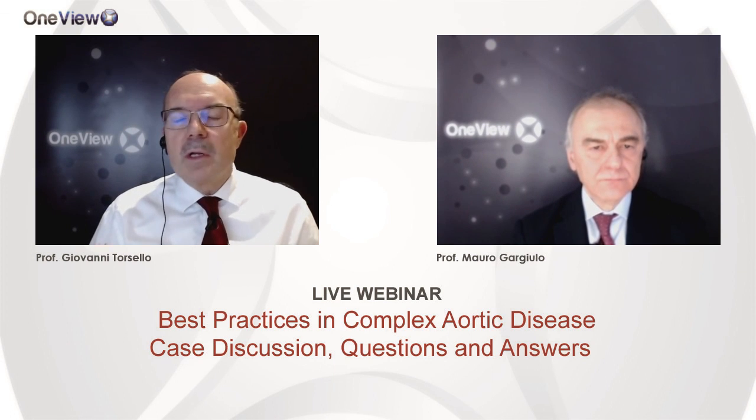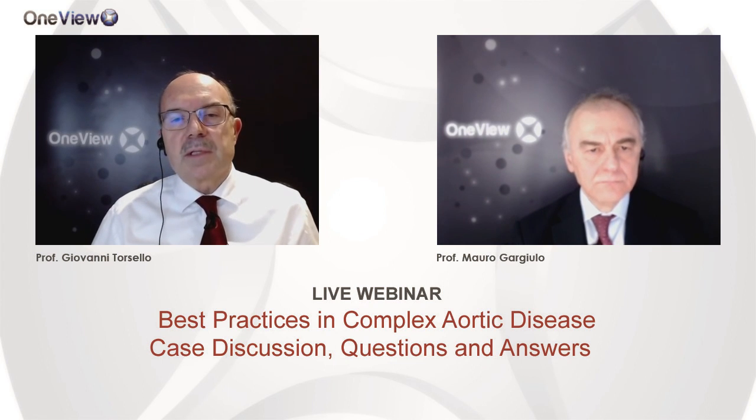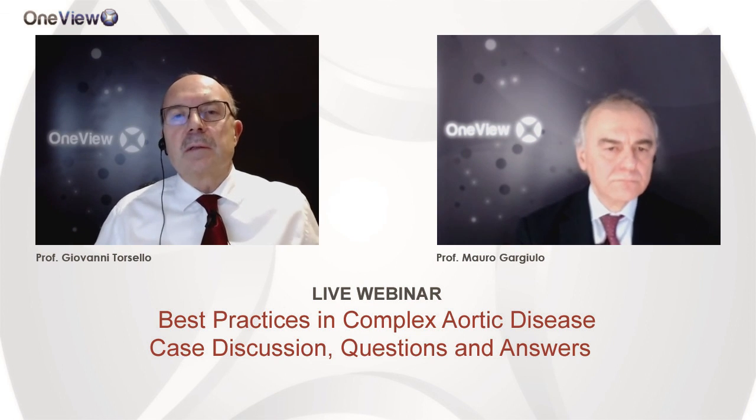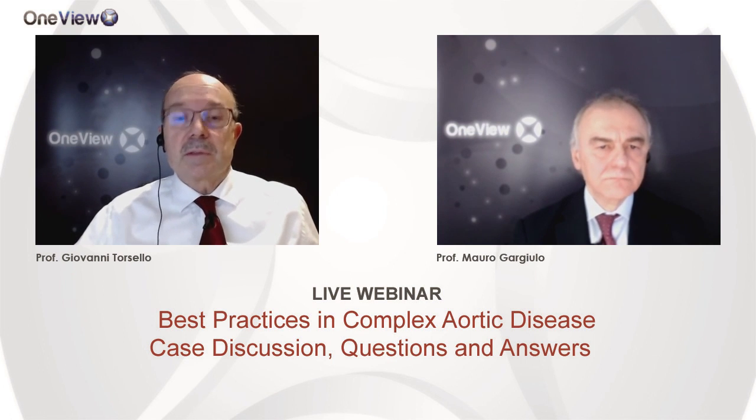So we have a lot of changes. So it's important in my eyes to go deep inside the target vessel, and the VBX is extremely flexible. So these changes of the main body can be compensated by this type of bridging stents, in my eyes.